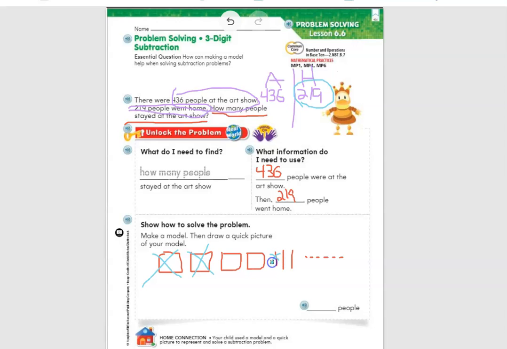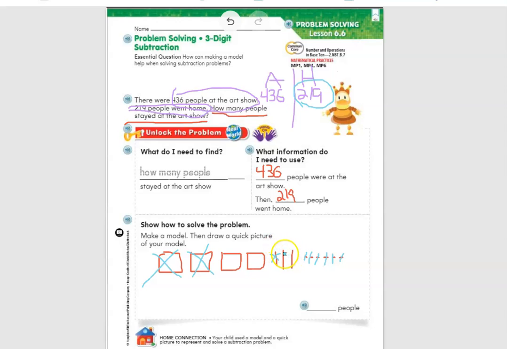Cross this guy off. And 9 ones. 1, 2, 3, 4, 5, 6. Oh, I've got a problem. I've got a problem. I only crossed off 216.